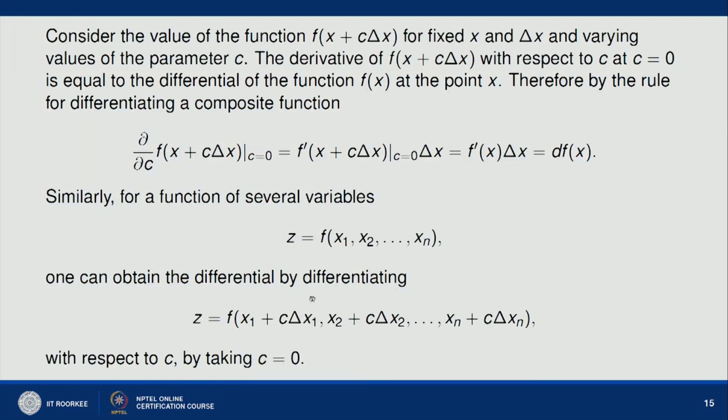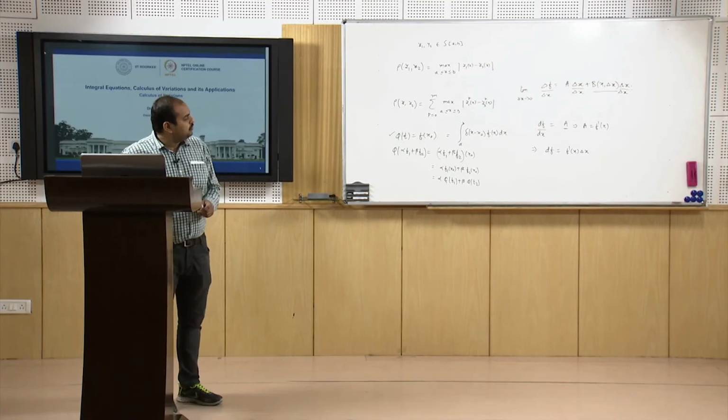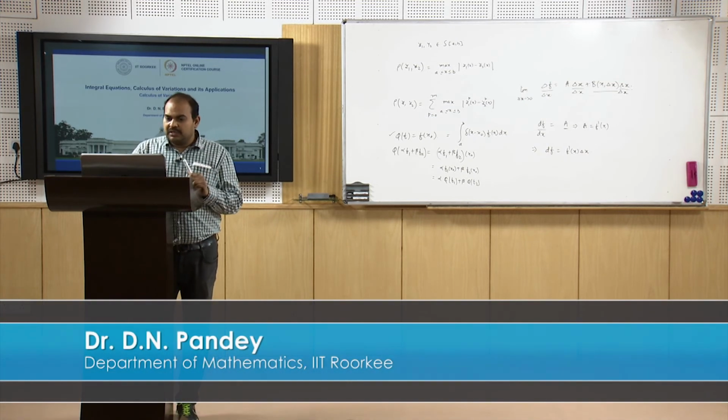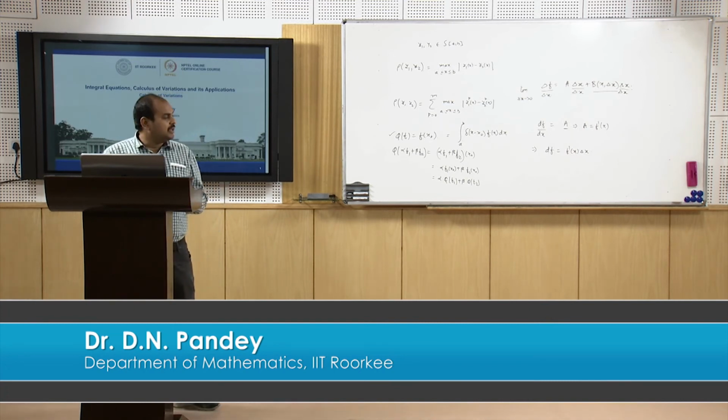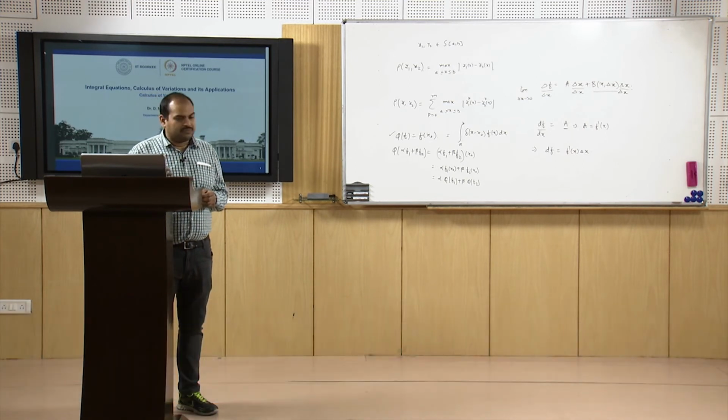Now, we can also define the variation of a functional in another sense. For that, please recall that we have seen how to define the differential of a function and the differential in terms of functional. Now we consider an alternative way to define increment in function and increment in functional.